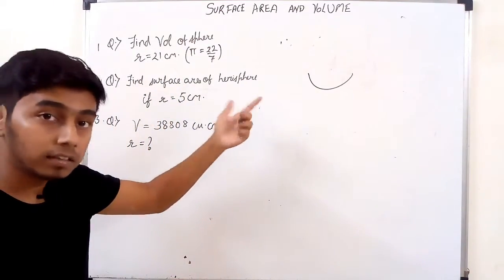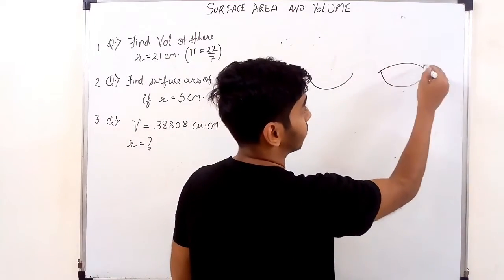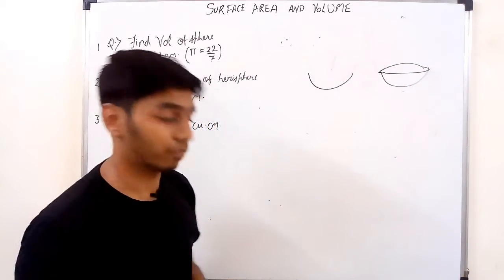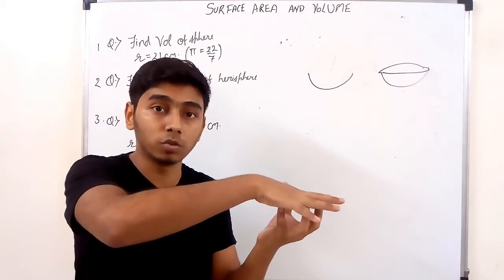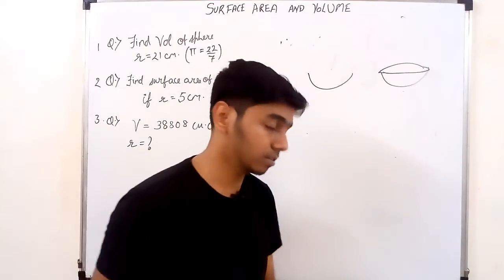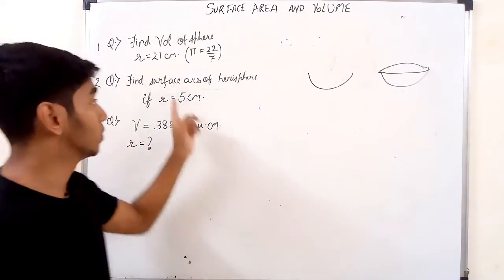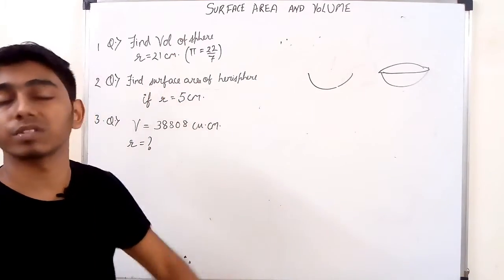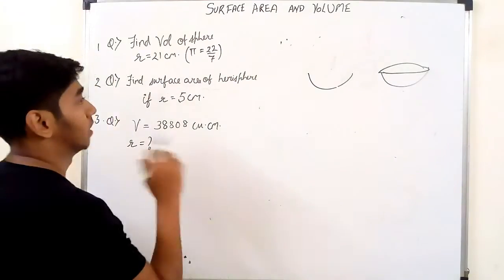And the total surface area has a surface on top of it also. So there will be two surface areas, curved and total. We'll have to find both of them, because it's not mentioned whether it's the curved surface or the total surface which we need to find. Let's see how we do.